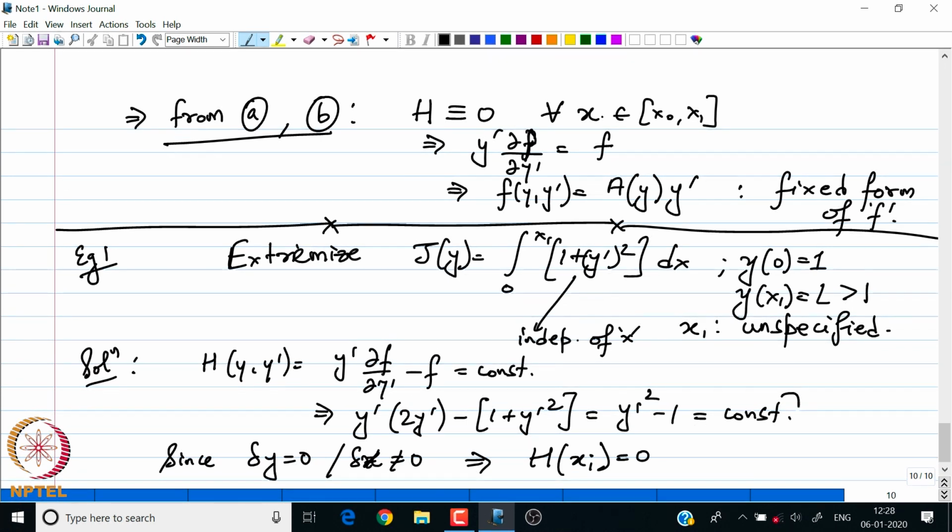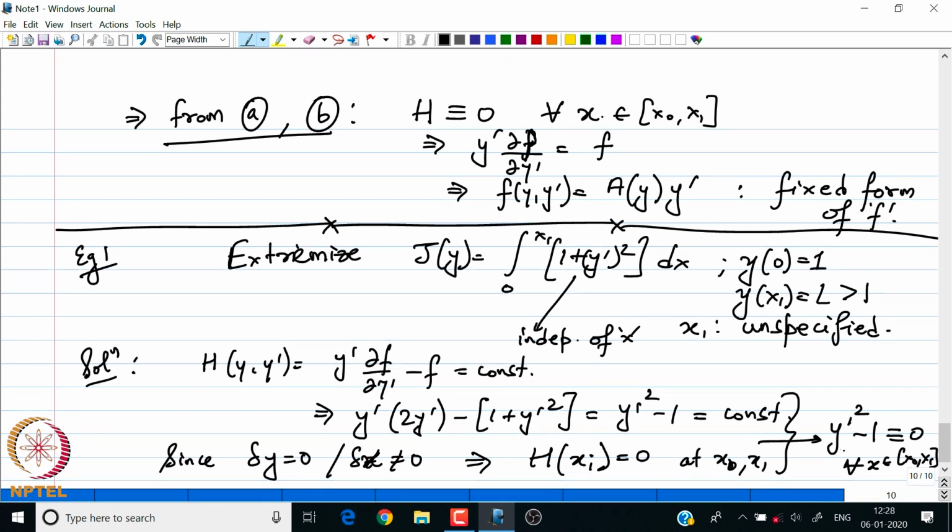at x0 and x1. From these two conclusions, the joint conclusion is that the Beltrami function y prime square minus 1 is identically equal to 0 for all x in the interval x naught to x1, which is 0 to x1.